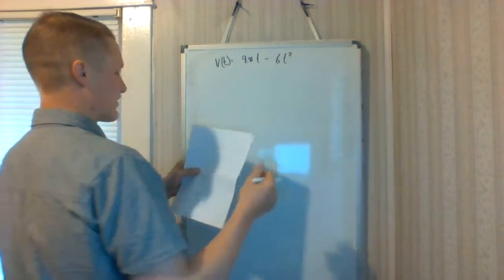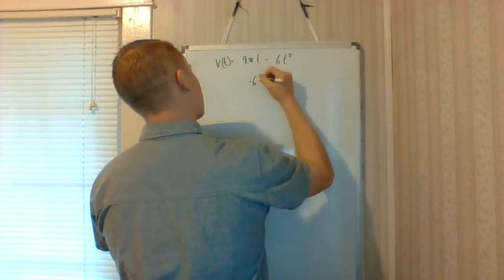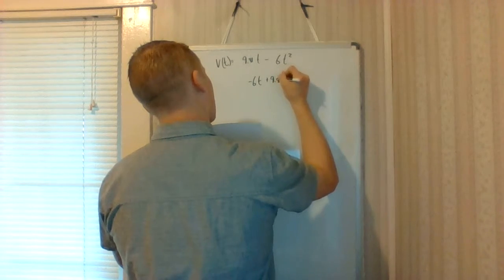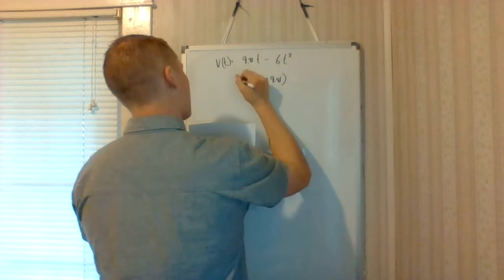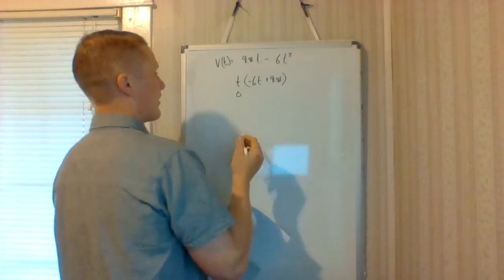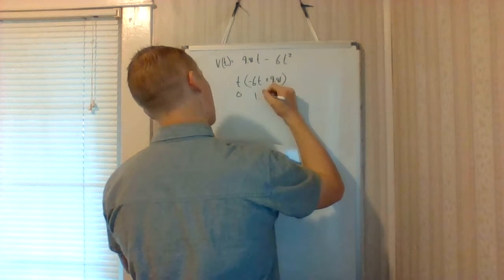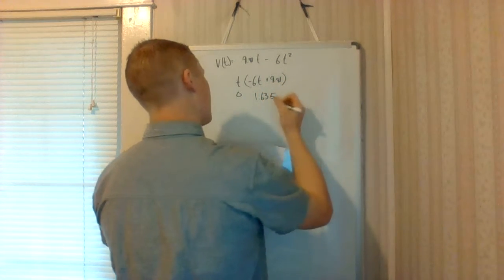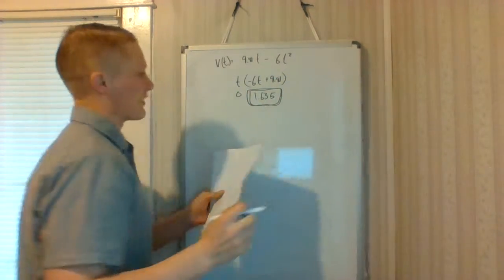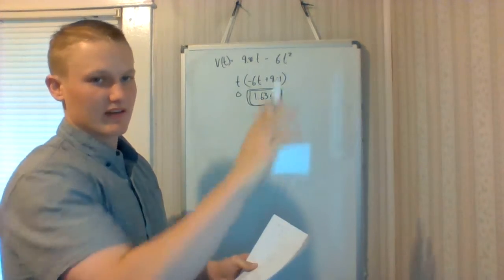You can take that, find your zeros, take out a t, so we have negative 6 times t plus 9.81 times t. So your zeros are going to come out to be 0, but then also 1.635. So 1.635 seconds is when the box reaches its lowest point and it starts coming back up.